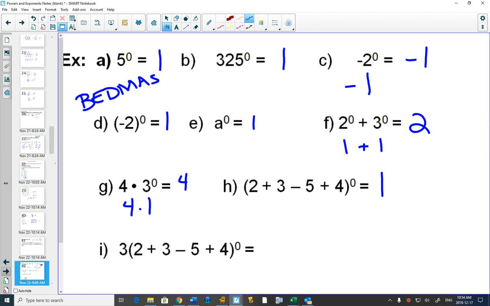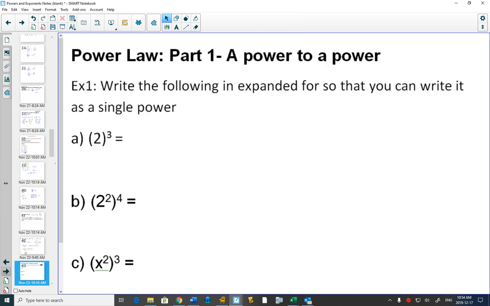And this one, 2 plus 3 minus 5 plus 4, all to the 0 times 3. The answer is going to be 3, because all of this to the 0 is going to be 1, but then you still have that 3 out in front. 3 times 1 is 3. Okay. This is what we're going to do tomorrow.